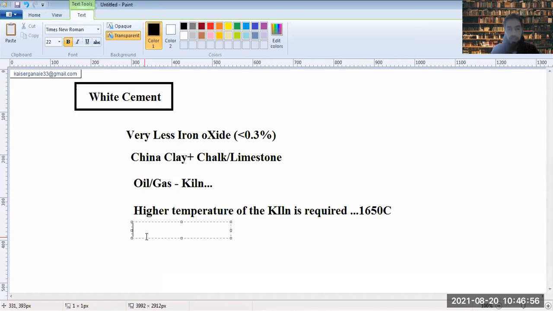Now we have to take the temperature to 1650 degrees Celsius, which actually was only 1450 degrees Celsius in case of OPC and the other types of cement that I mentioned. So here more energy is required.